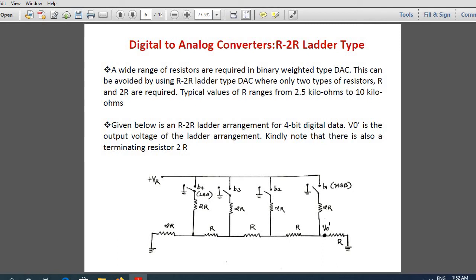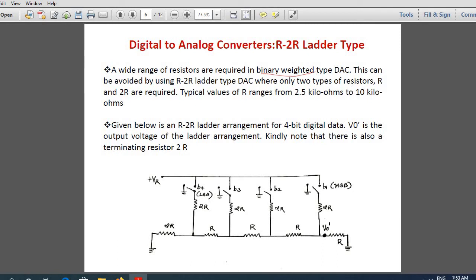Now, we'll go to the second type of digital to analog converter. It is the R to R ladder type. It is mainly to overcome the disadvantage of the binary weighted type. What was the disadvantage in the binary weighted type? You required different types of resistors.